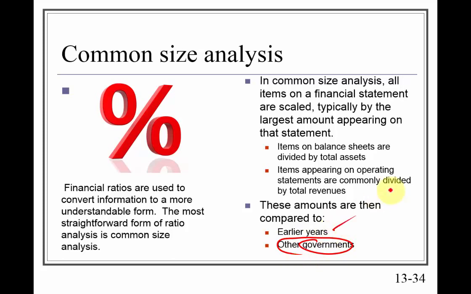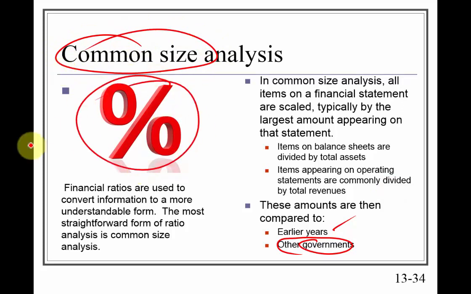The best way to do that is to common size, so change all the dollar amounts to percentages. So based upon the financial statement you're dealing with, you usually look for the largest amount, typically a total of a category, like total assets on the balance sheet or statement of net position in the case of a nonprofit or government, or maybe total revenue or total tax collected in the case of an income statement or statement of changes.